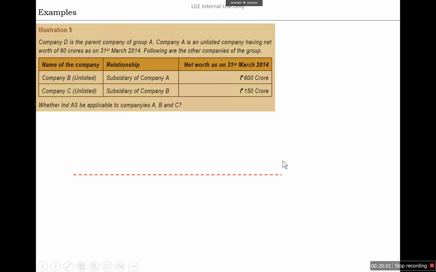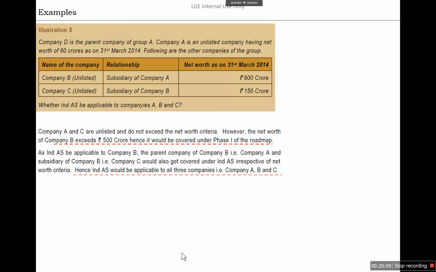We have learned that the subsidiary and the parent company are also required to prepare their financial statements according to Ind AS. So Ind AS will be applicable to all three companies, that is A, B and C.